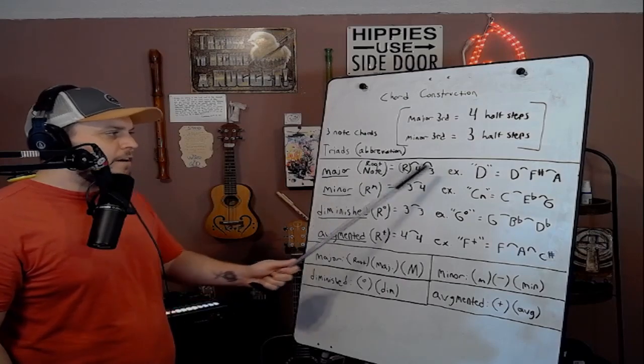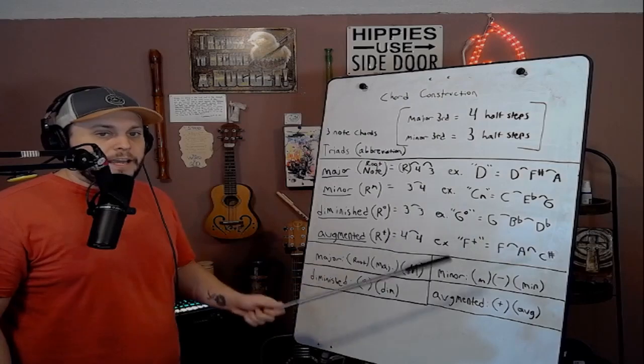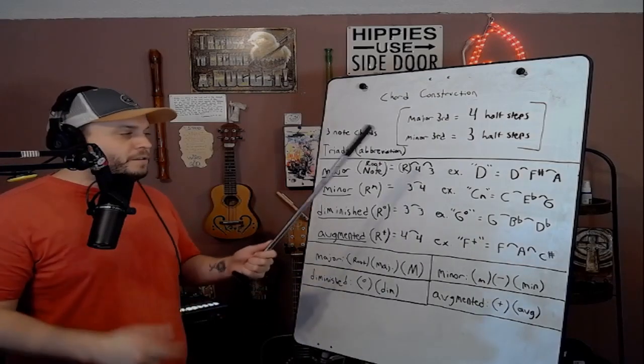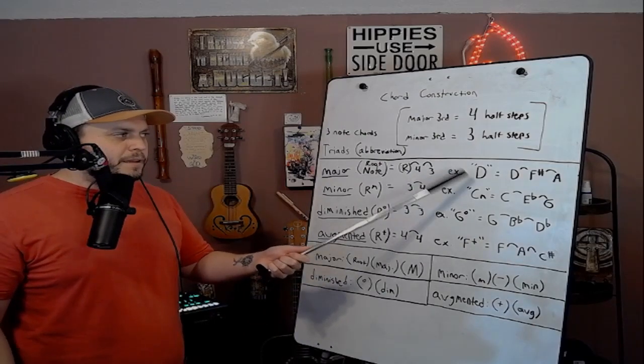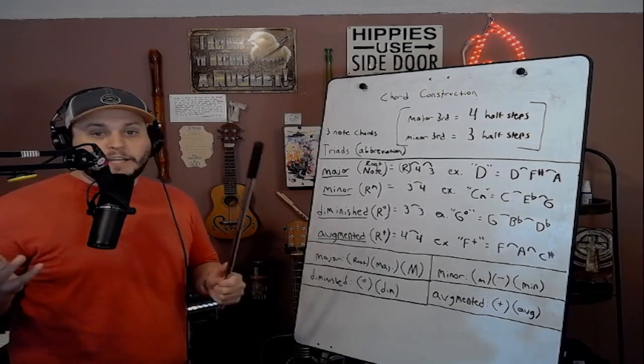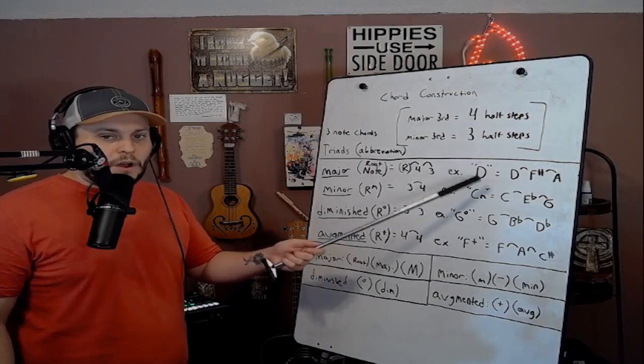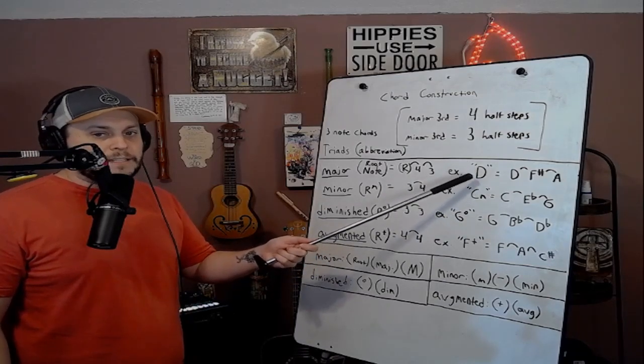An example of how it would look on a page is simply just D. If someone says D chord, they mean D major. And if they say D major, they mean that symbol. Even though D is also a name of a note, if we're talking in chords, that is a D major chord.